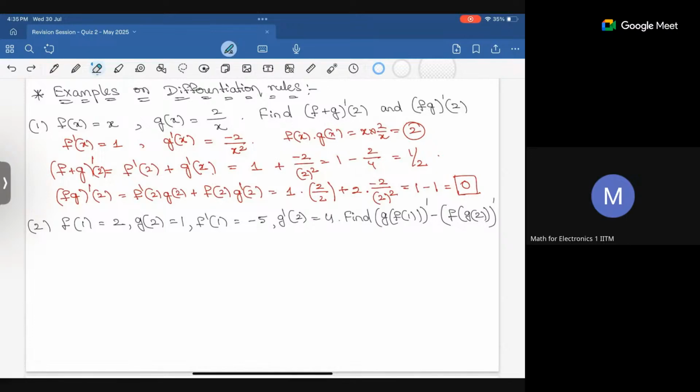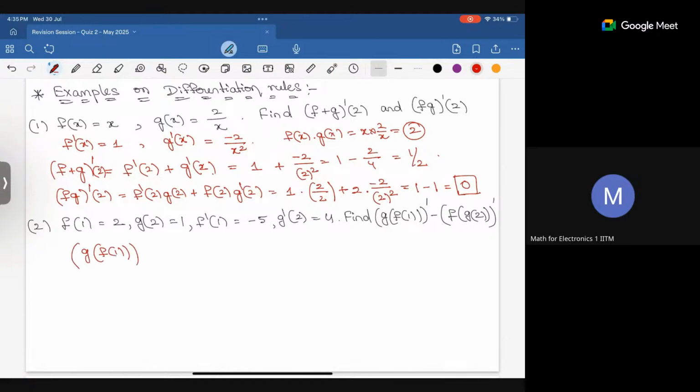So we are given f of 1, g of 2, f prime of 1 and g prime of 2. And we are asked to compute g of f of 1's derivative minus f of g of 2's derivative. For that, we just have to use the chain rule formulas.